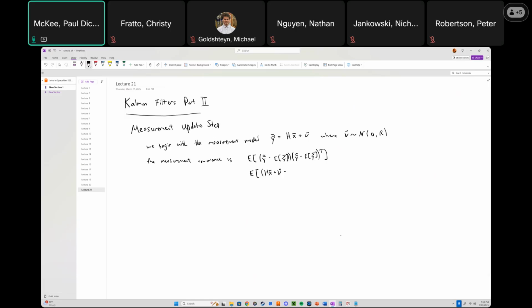Noise has a mean of 0. So on average, this noise won't matter. So the expected value of y is just Hx. Hx plus nu minus Hx transpose, which cancel, cancel. Our expected value of nu nu transpose is our measurement covariance matrix, R.